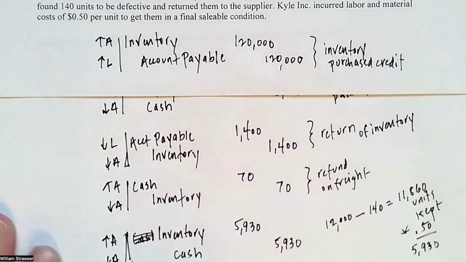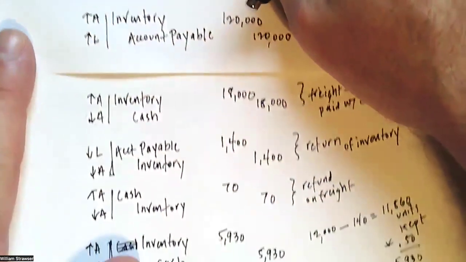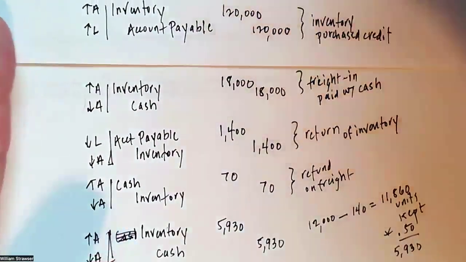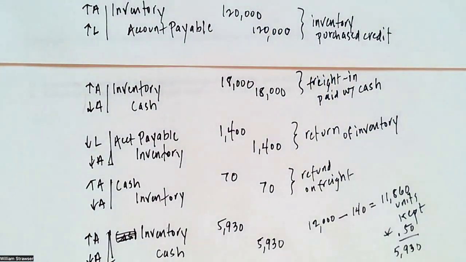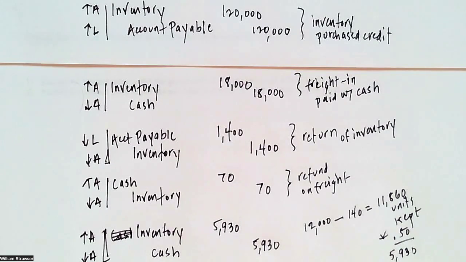And that would be my final entry that I would need to make in this particular problem. So those are the entries I would make under a perpetual system. Again, nicely simplified because everything's going into the inventory account. And we'll look at the actual payment here in the next video.